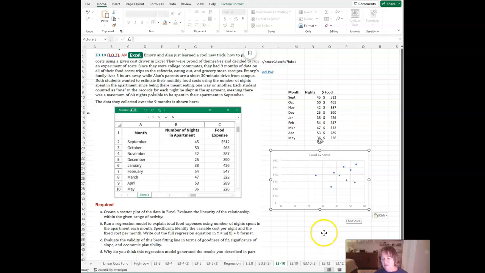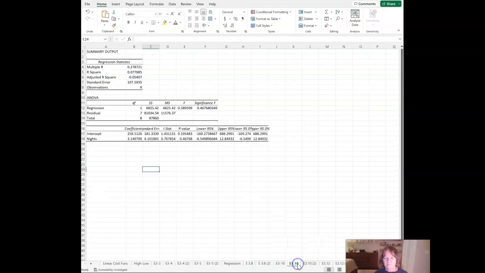Okay. So then the next thing we did was we ran a regression, and this is the output from the regression. And it's nice because here's our regular formula. So this would be 3.14 times the number of nights, plus our fixed cost, our intercept, is 259.